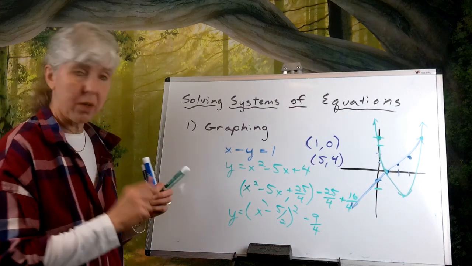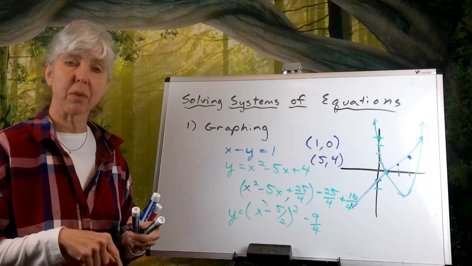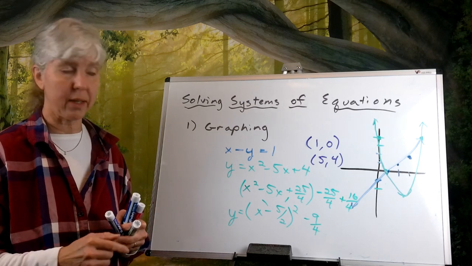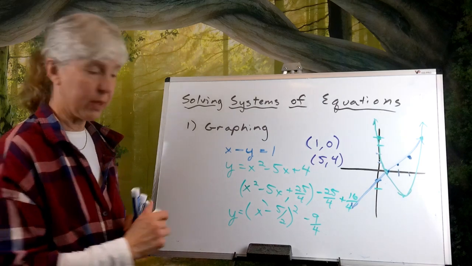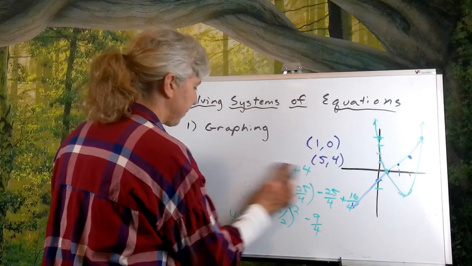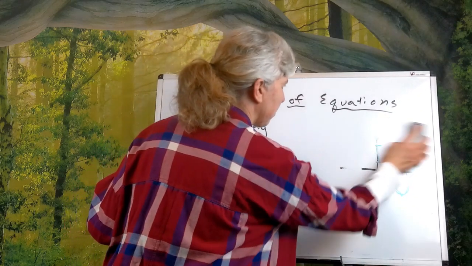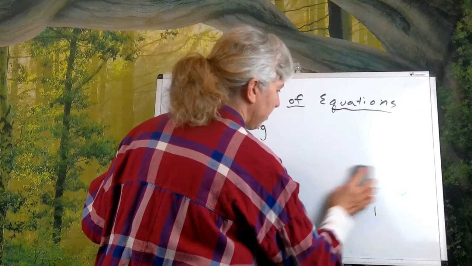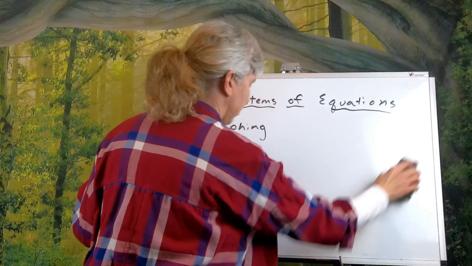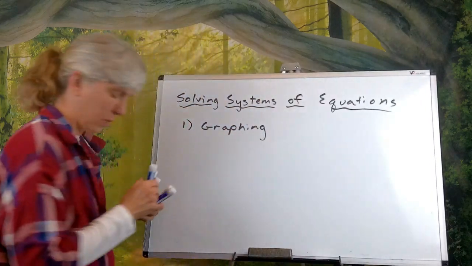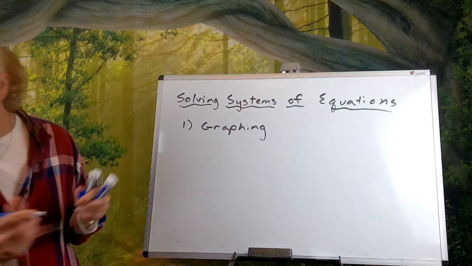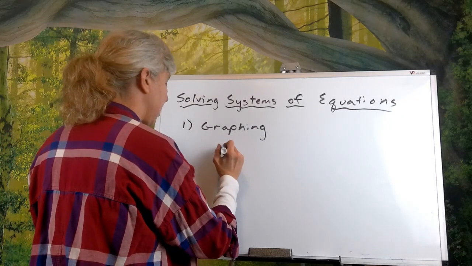Let's do one more, solving by graphing, but this time I'm going to make it a quadratic-quadratic and look for the intersection points. Okay, so this one I'm going to use x squared minus y is 0.